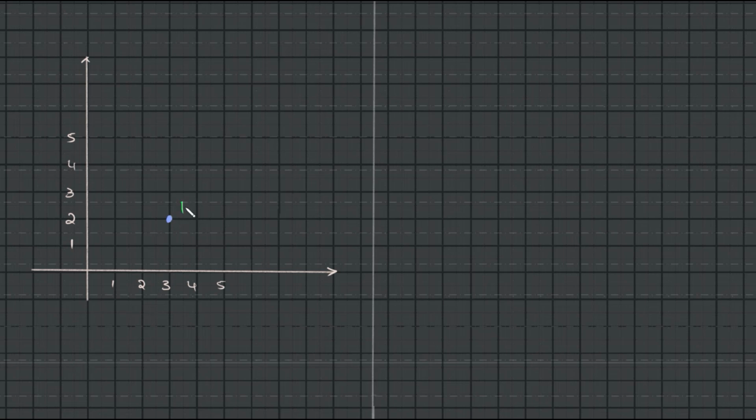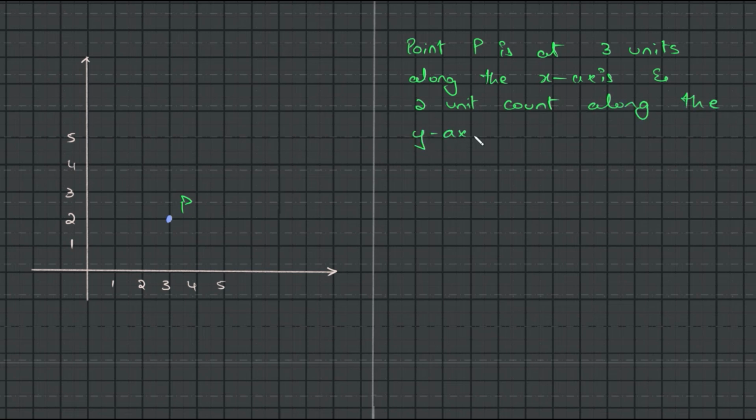Or I can describe the position of point P. Point P is at 3 units along the x-axis and 2 units along the y-axis.